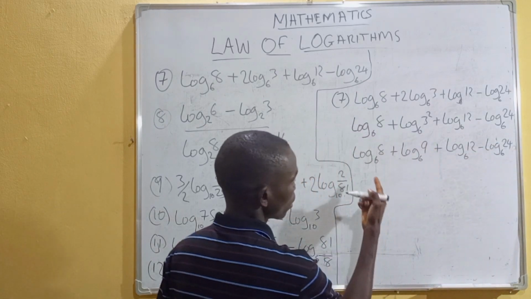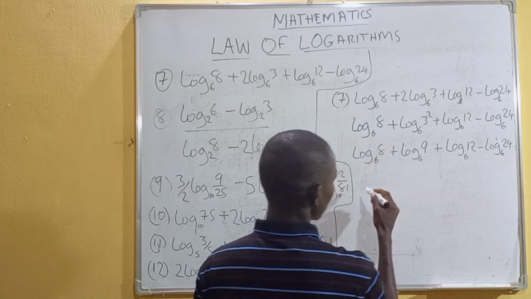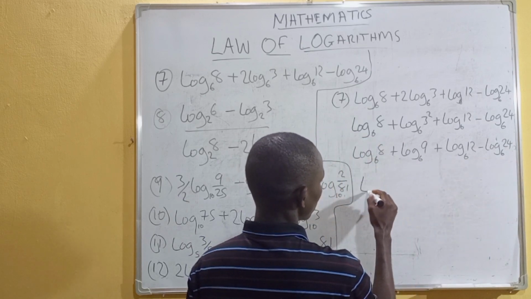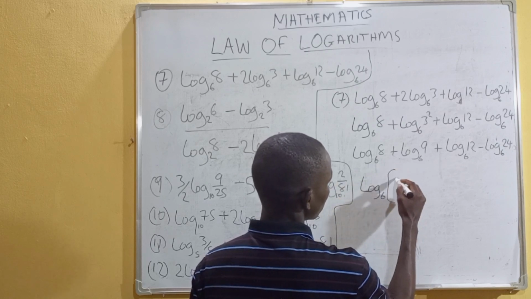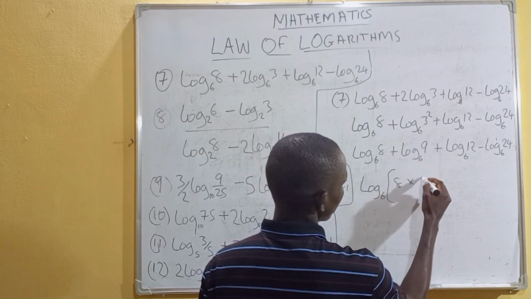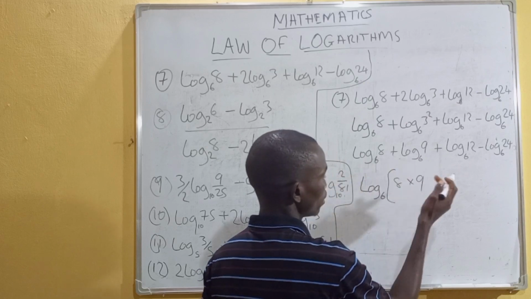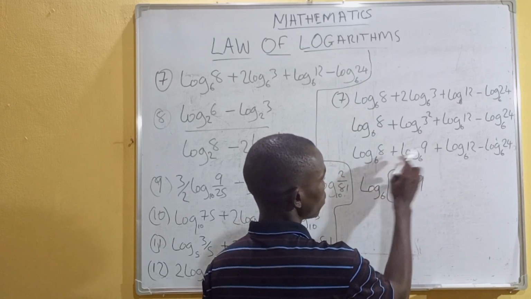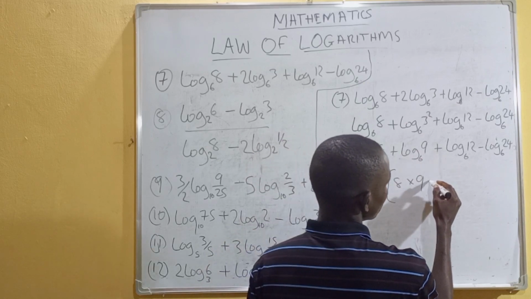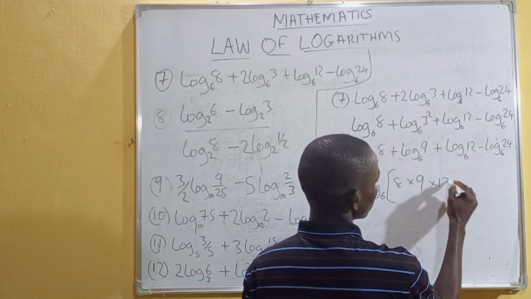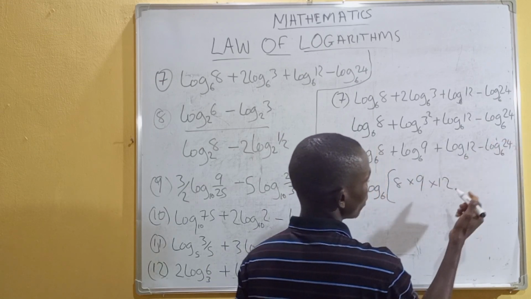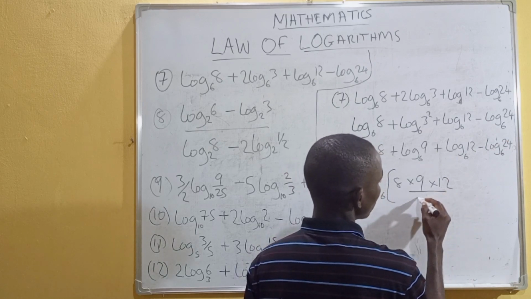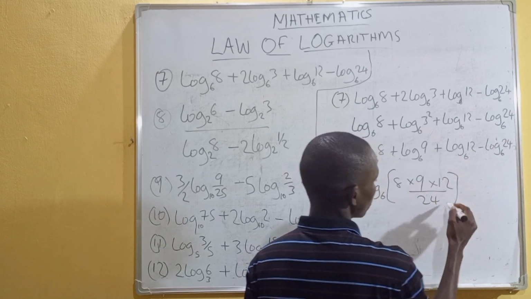So with this now, since the bases are common, we now have log base 6, 8 times 9, because that is addition. Addition law says that you multiply the number, times again 12, and the subtraction law you divide by the 24, now be divided by 24.